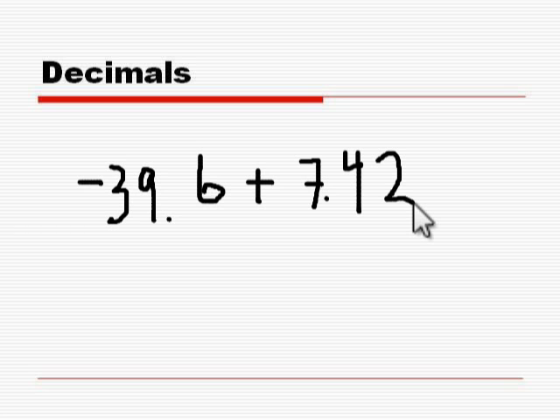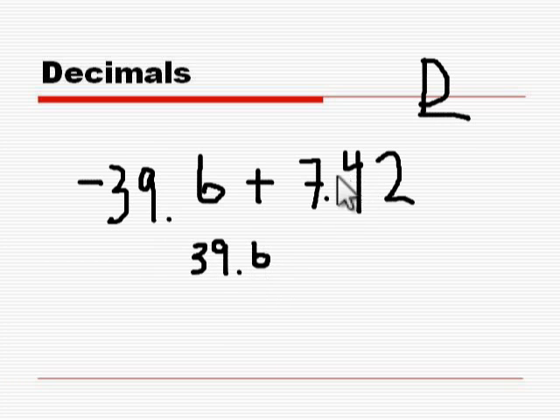Are the signs the same or are they different? The signs are definitely different. So that means we have to find the difference of their absolute value. So if I take the absolute value of 39.6, I get 39.6. If I find the absolute value of 7.42, I get 7.42. It's smaller, so I'm going to put it on the bottom.